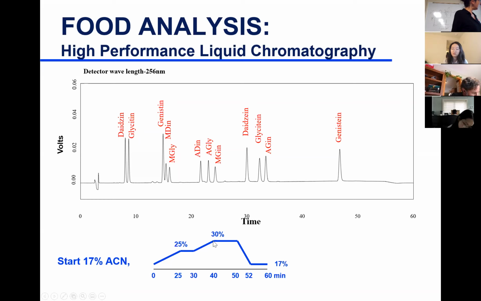Then we increased it to 30% over 10 minutes. We left it constant at 30% for 10 minutes. And then we went back down to 17% and we equilibrated at 17% for the rest of the run, about 8 minutes. Okay.